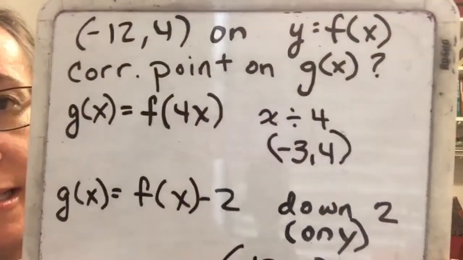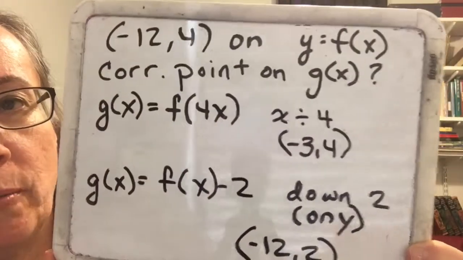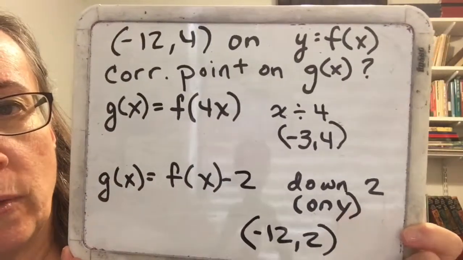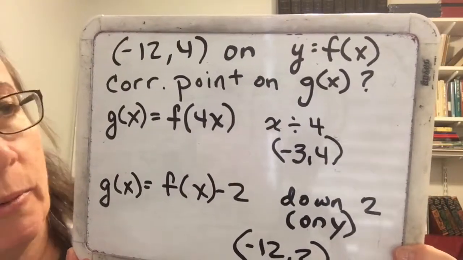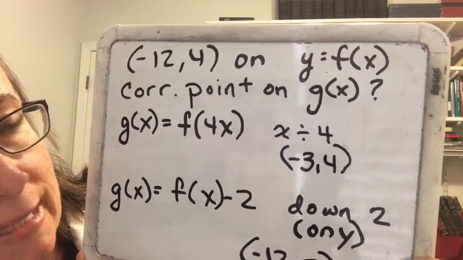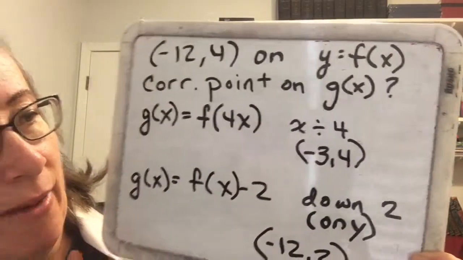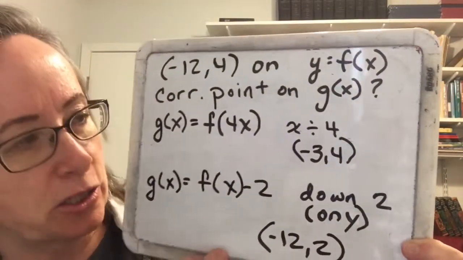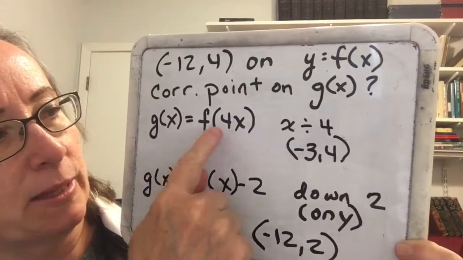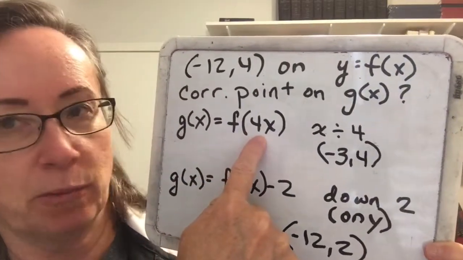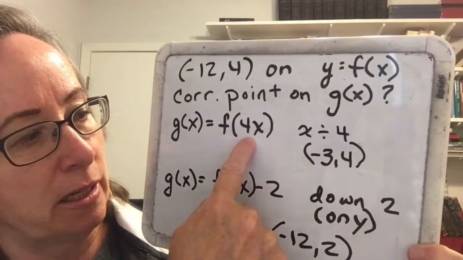All right, this one is a good one because we're starting with a point, -12, 4, and they're saying that is the original point on y is f of x, and then we have these transformed functions. This one has an inside multiplying by 4.